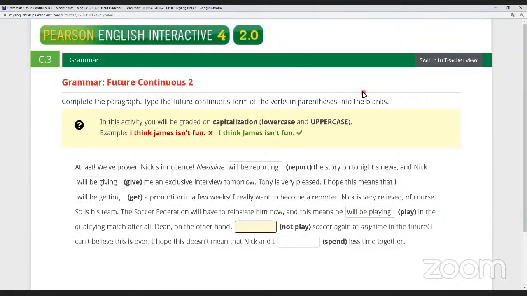Okay, did you say this part? Dean, on the other hand, is not going to play soccer again. Not going to play? Yes.